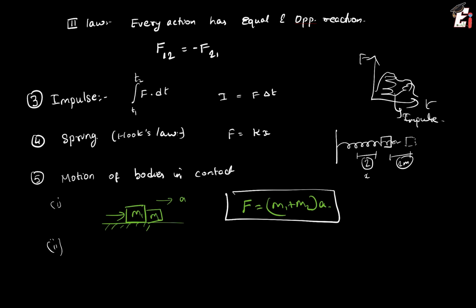Suppose m2 is putting a force on m1 this side, and m1 is having a force this side. This is going to be my F, and this is my F1. This force is my F1, and the body is moving this side with acceleration.